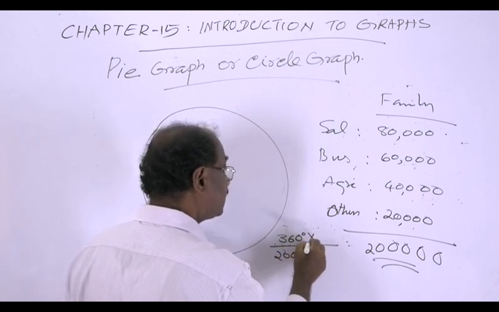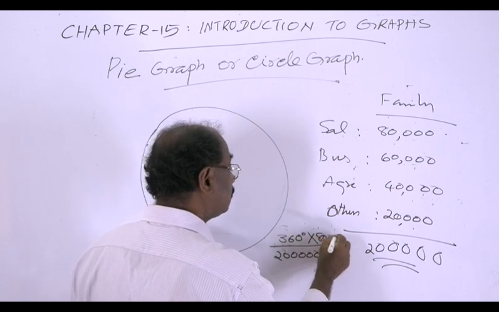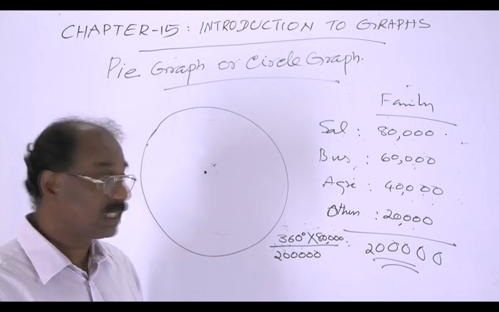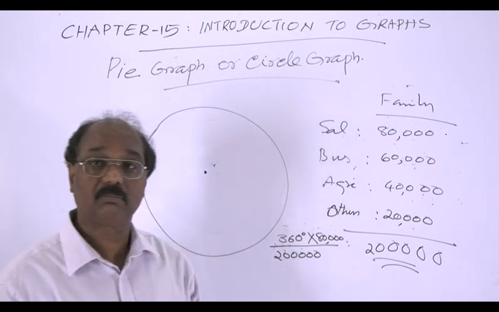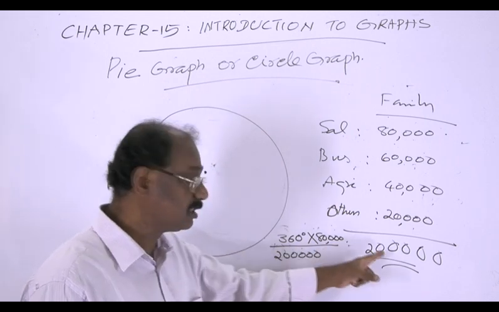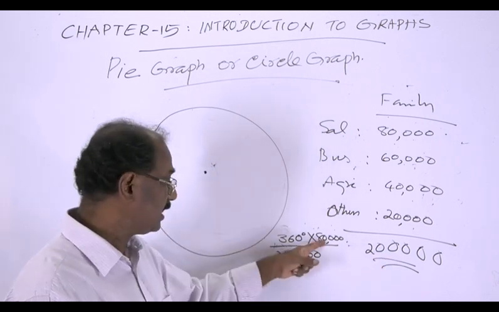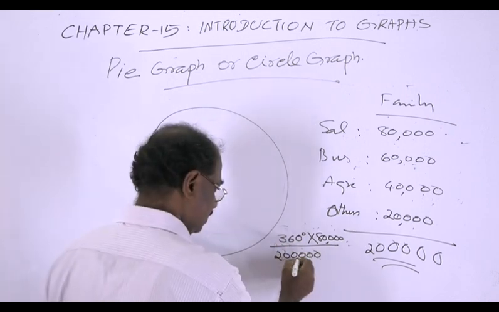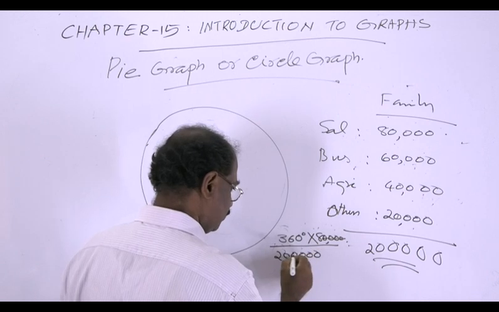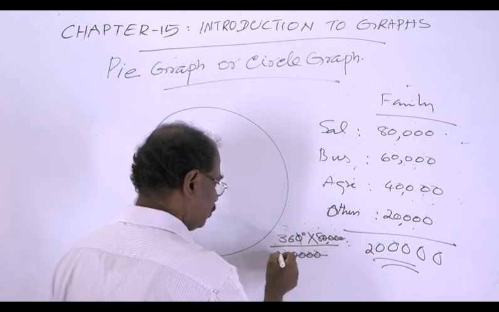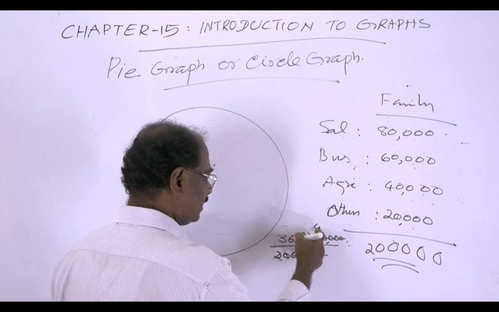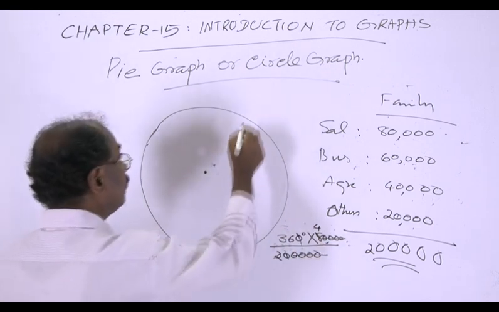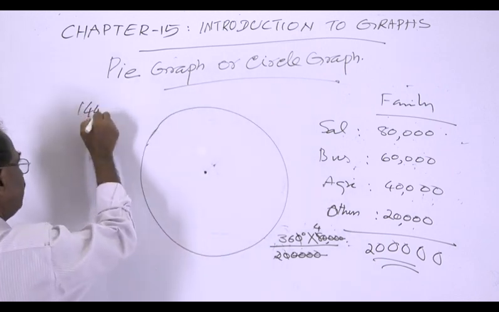Then how much for 80,000? This will give us the central angle of the sector corresponding to 80,000. Simplifying, 36 into 4 is equal to 144 degrees.